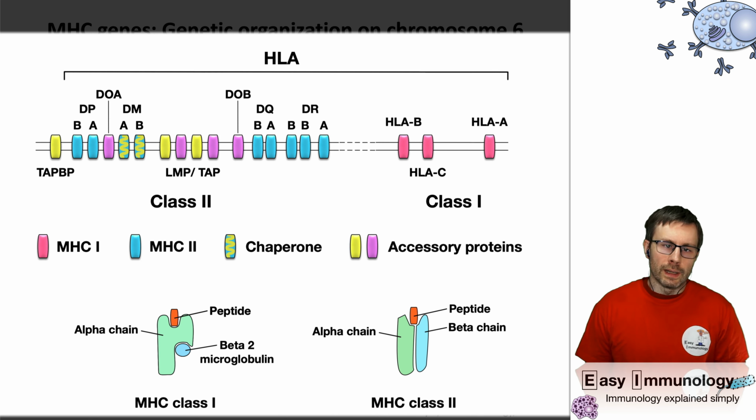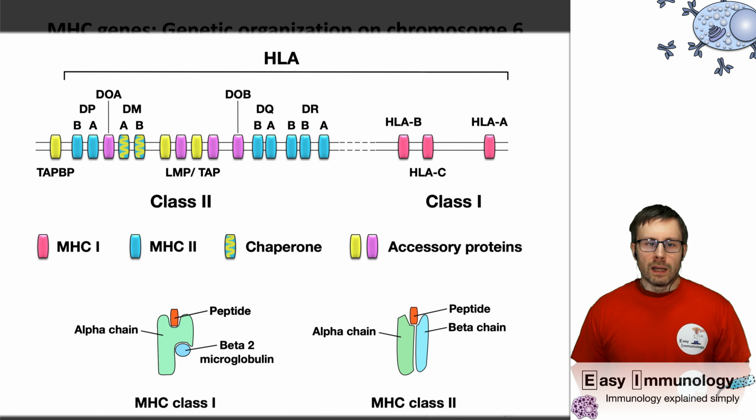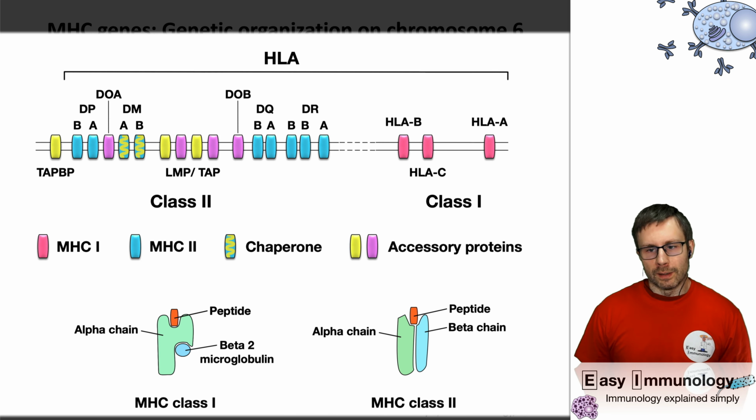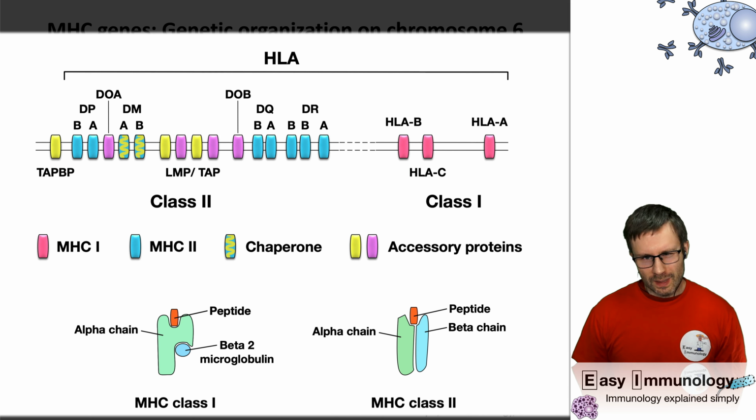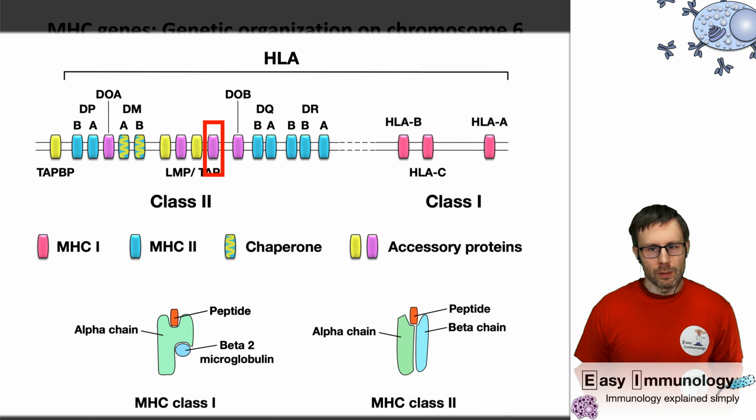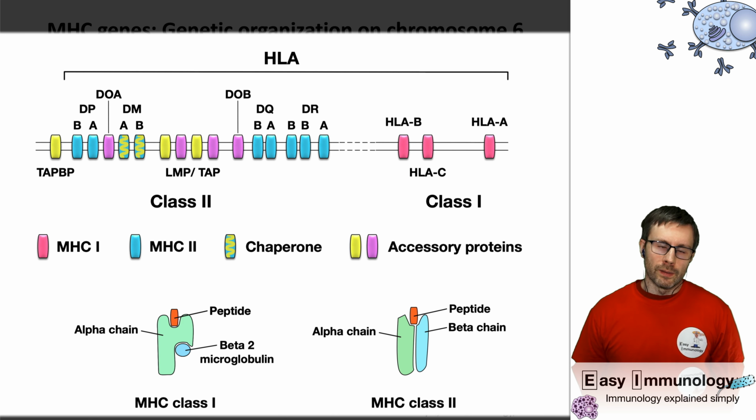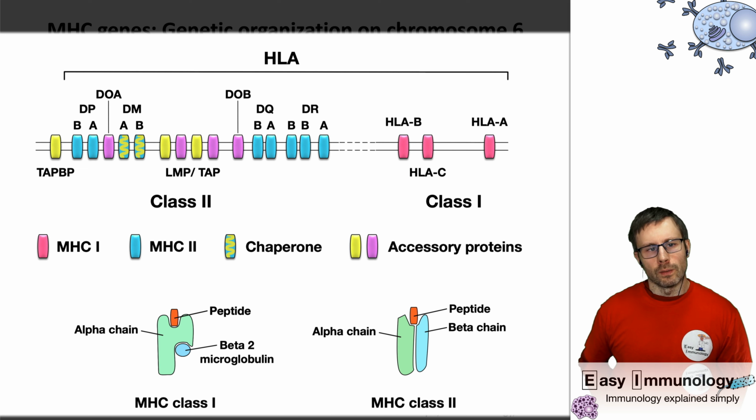One of them is already deactivated in some of us. So we have these genes here. Then we have accessory proteins. There we have, for example, TAP. We know TAP already. This is the transporter that transported the peptides into the endoplasmic reticulum to be loaded onto MHC class 1 molecules. And then we have some chaperones.